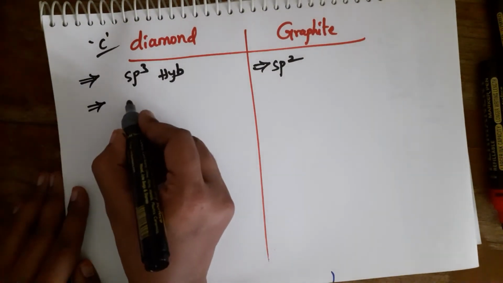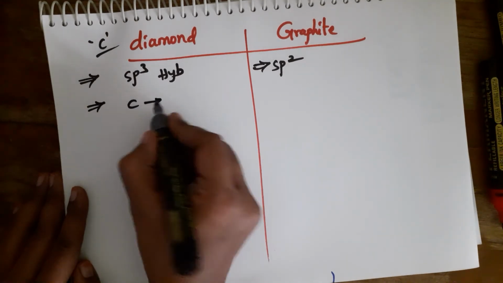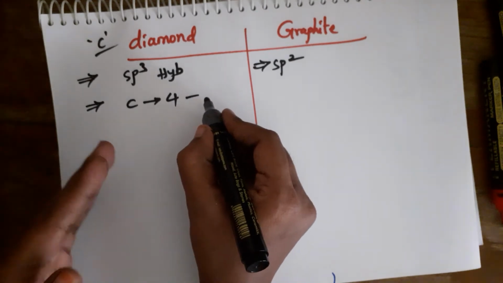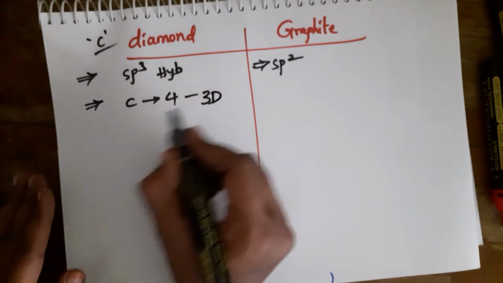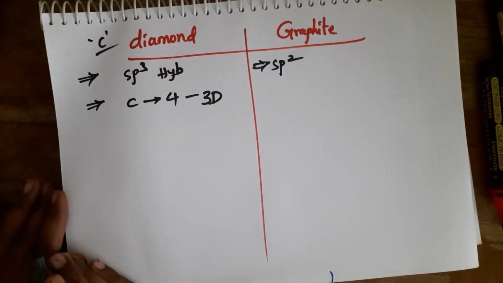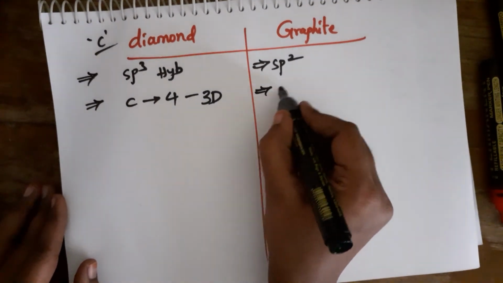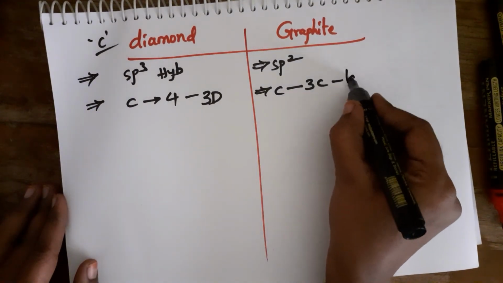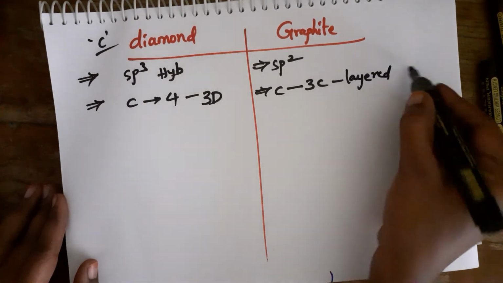Each carbon in diamond is surrounded by 4 other carbon atoms and they are arranged in a 3-dimensional manner. Each carbon atom in graphite is surrounded by 3 more carbon atoms and it shows a layered structure.